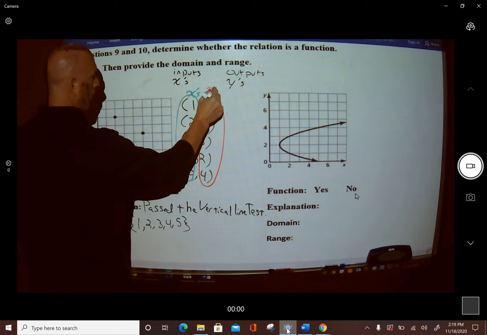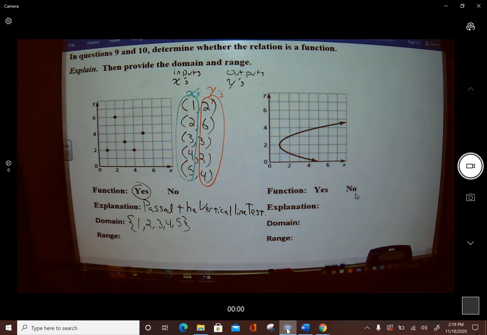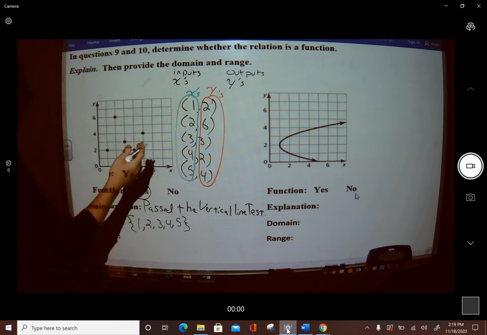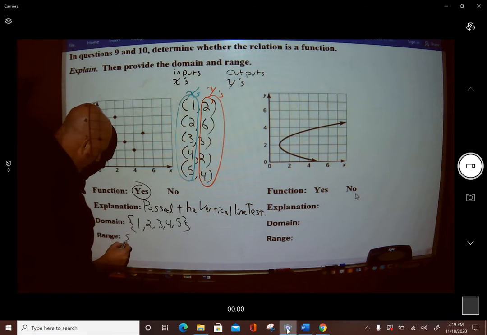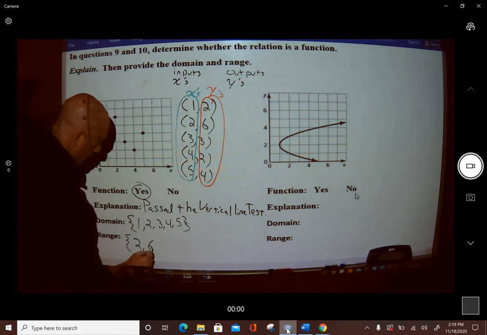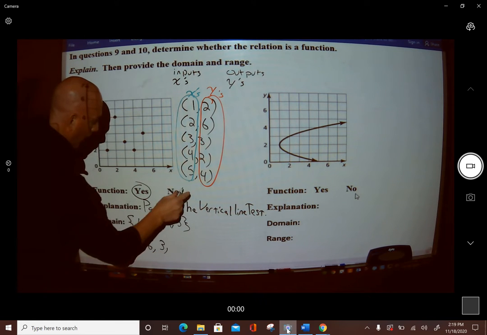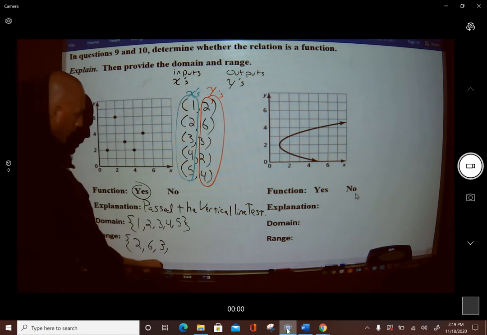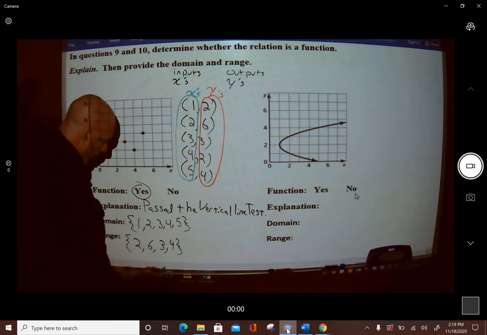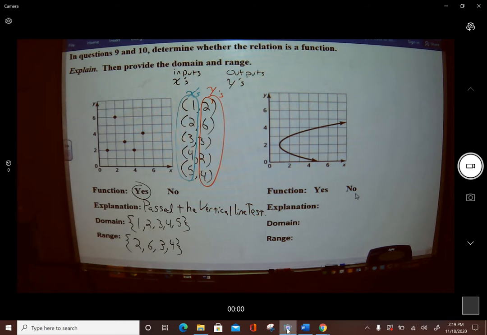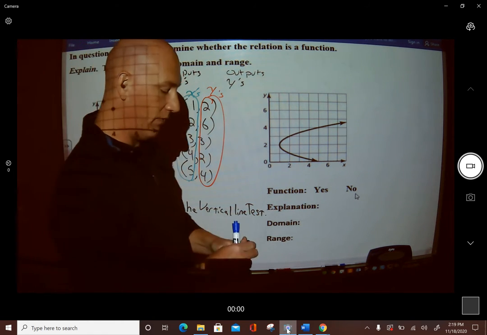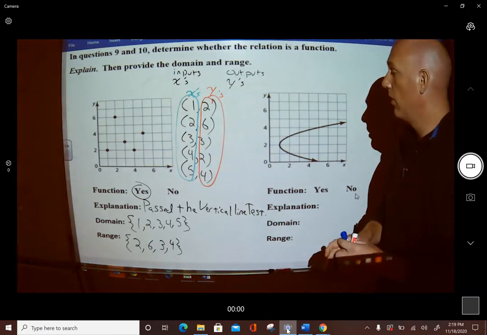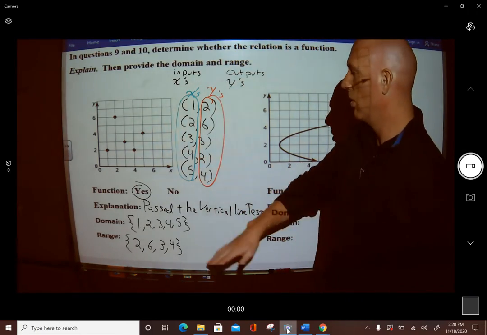Here we go. Those are all our y's. And when I do my list, never repeat yourself because you don't have to. You're just listing things. So we're going to go 2, 6, 3. I'm not going to use 2 again because I already wrote it there. And 4.